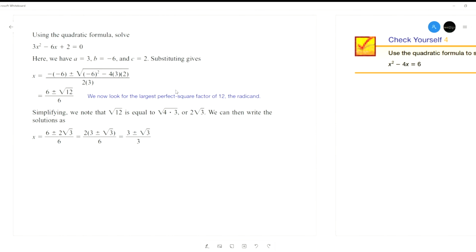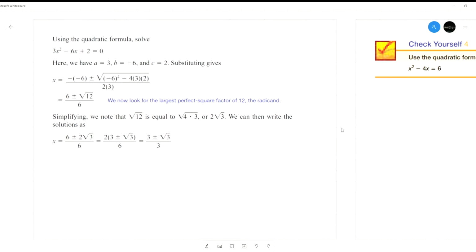We're going to look at an example where we will simplify at the very last step. Okay, so this one I want you to watch carefully. As you can see here, your a is equal to 3, b is equal to -6, c is 2. So as we plug it into the quadratic formula, you get -b plus or minus the square root of b squared minus 4ac over 2a.